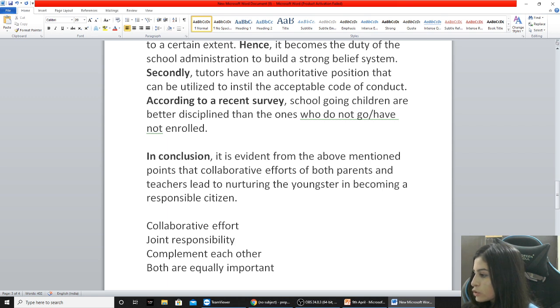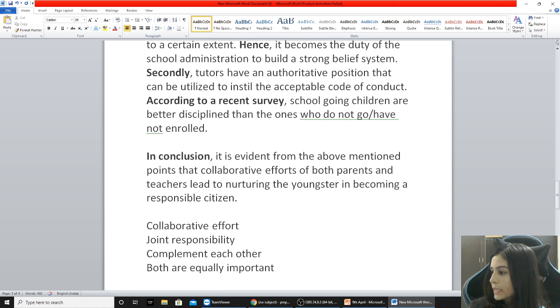So in conclusion, no doubt parents play a paramount role in children's life, but according to me, school is the better place for making good citizens to children of the community, owing to the fact. So you don't have to repeat yourself, Manpreet.